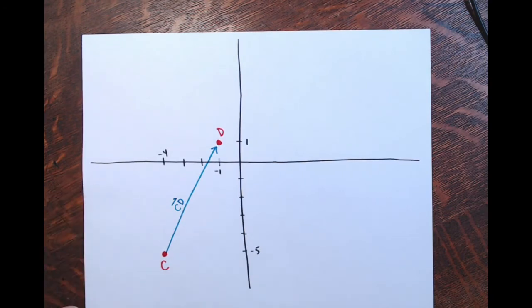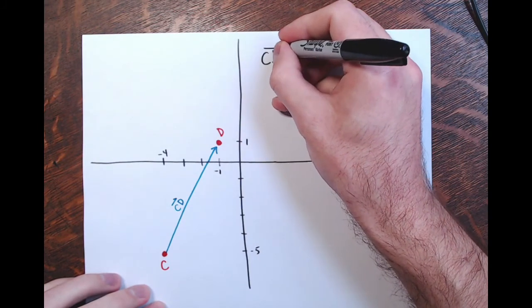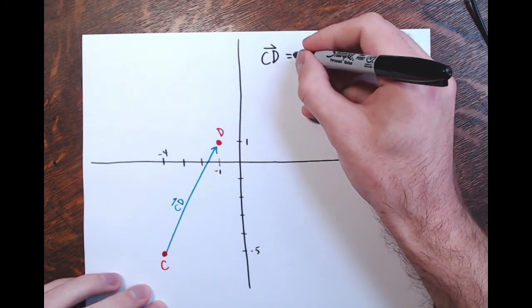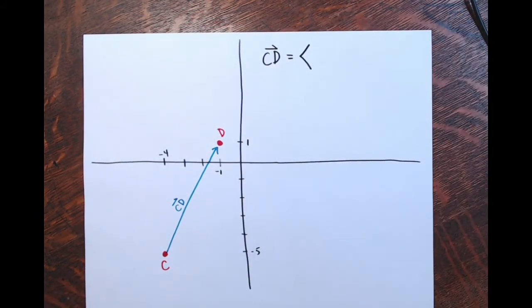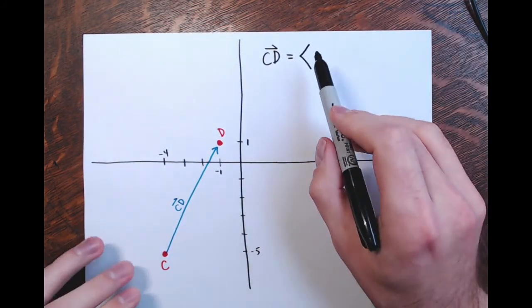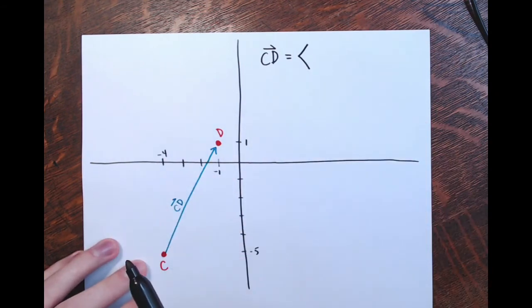Now what we're asked to do is write this in terms of i and j. Hopefully you recall how to write the components of a vector from an initial point to a terminal point in standard notation, the wedge notation. Remember, for the first component, you always take terminal minus initial.